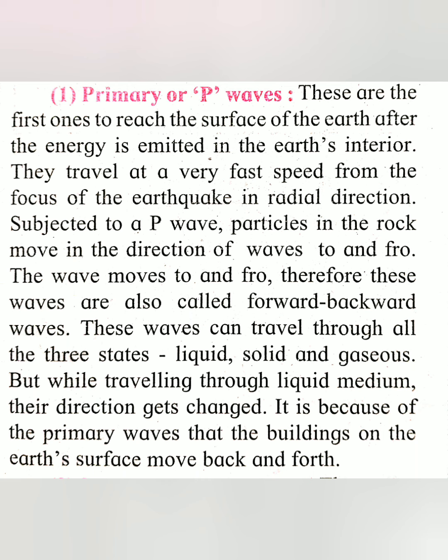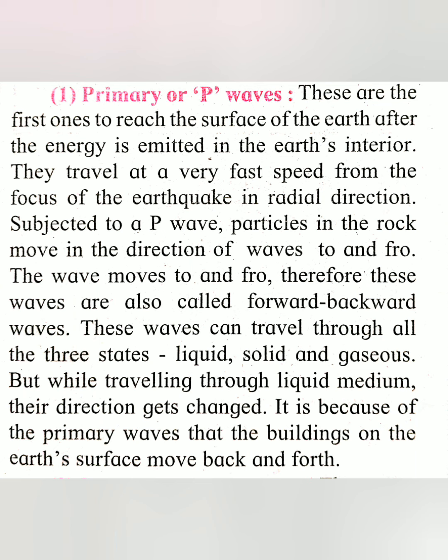Subjected to a P wave, particles in the rock move in the direction of the waves to and fro, that is, forward and backward. The waves move to and fro, therefore these waves are also called forward or backward waves.